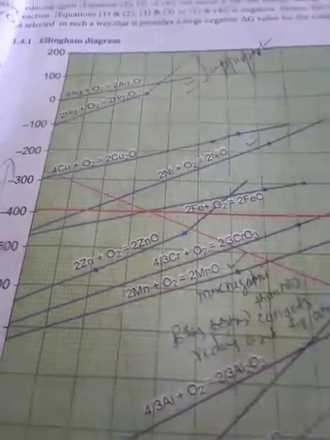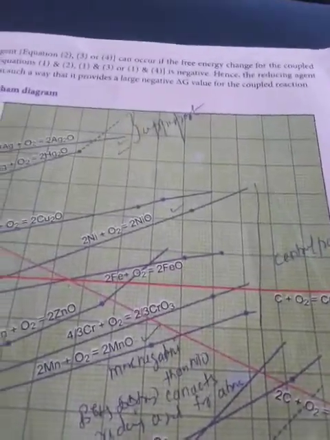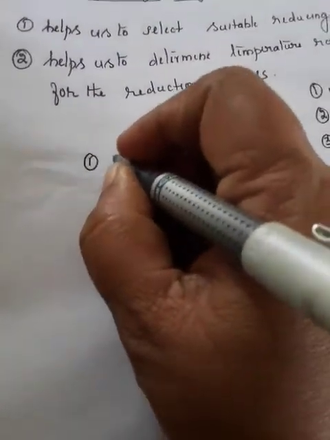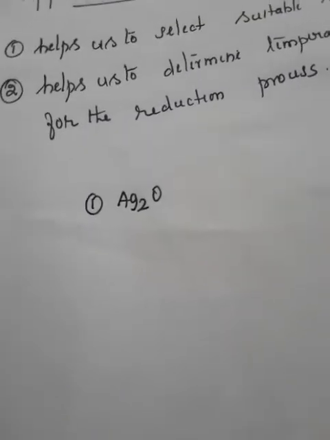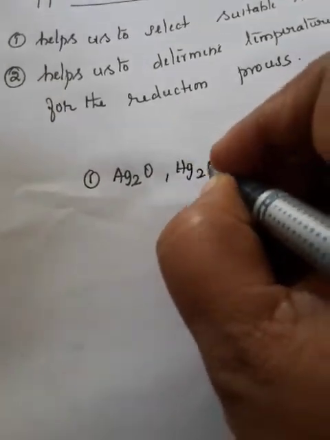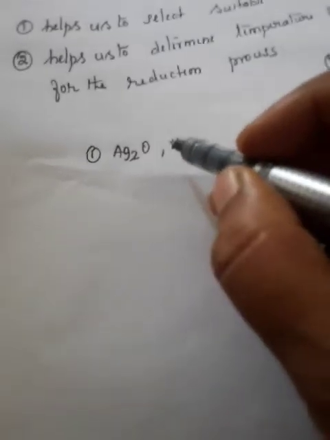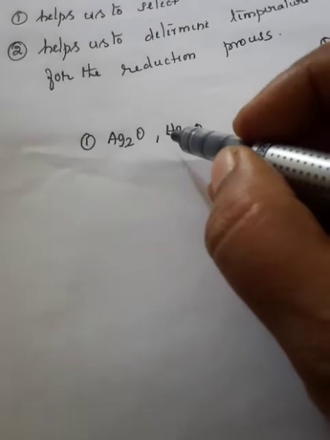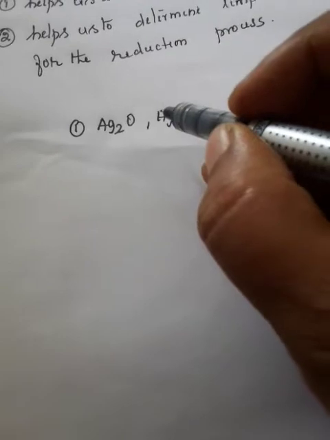So this indicates these oxides, silver oxide and mercuric oxide, Hg2O, in the upper part, are unstable at moderate temperatures and they will decompose on heating even in the absence of a reducing agent.